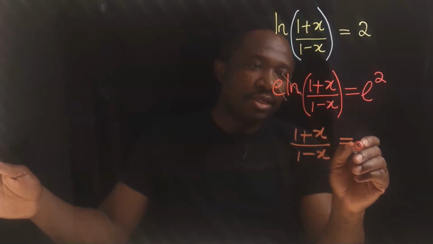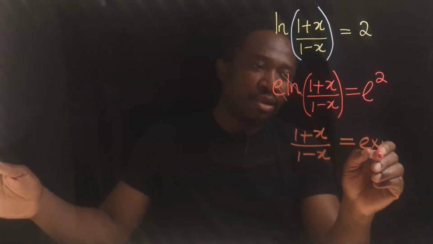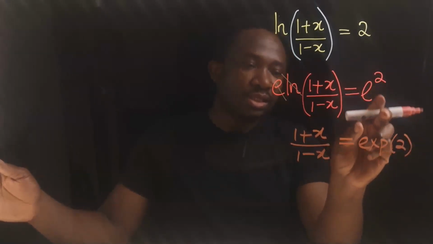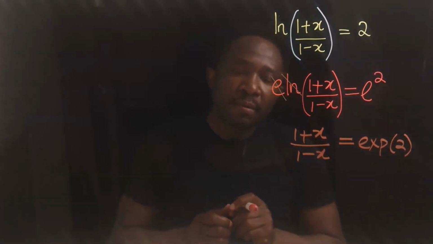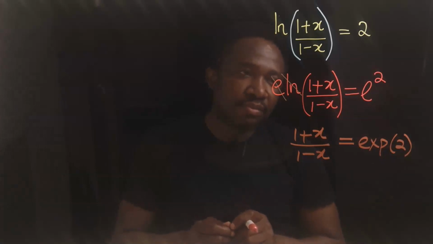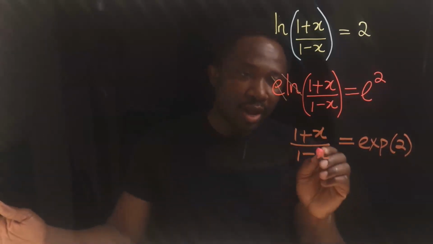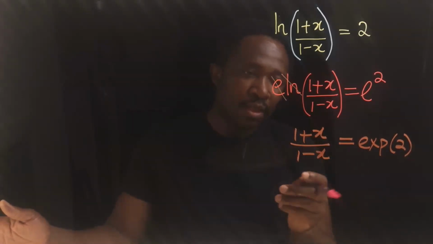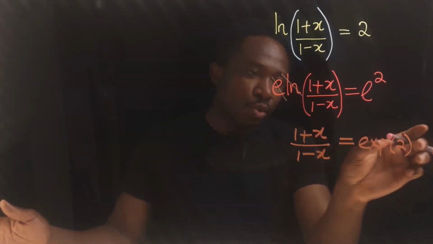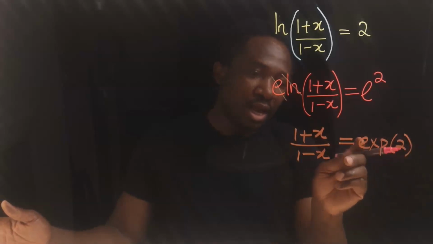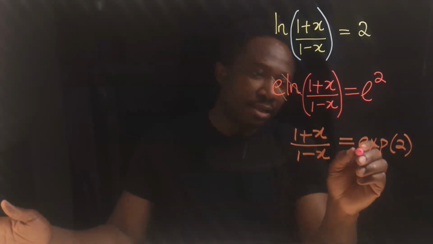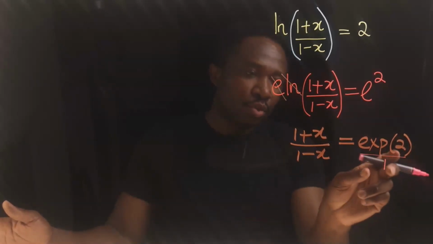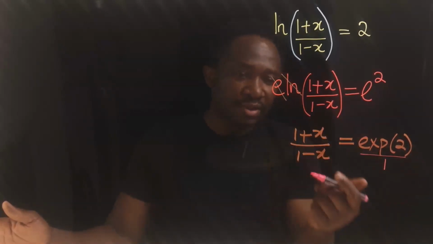On the other side, we're going to have exponential 2. This and this both are the same. Our aim is to make X the subject. This will move over to the other side and multiply, because this is over 1. 1 multiplies everything here.